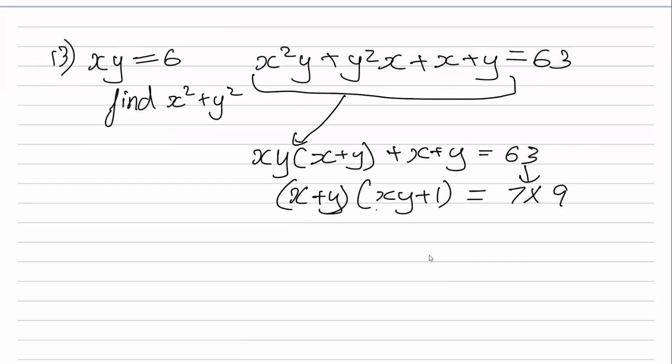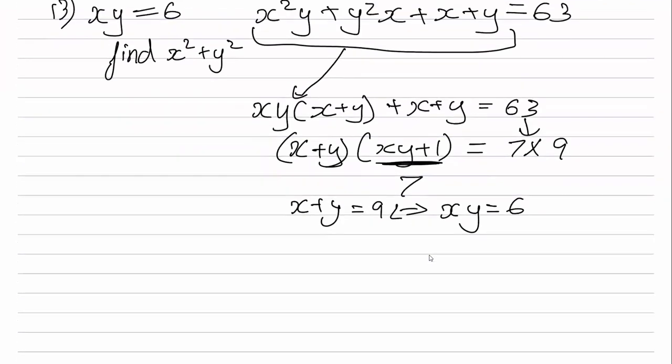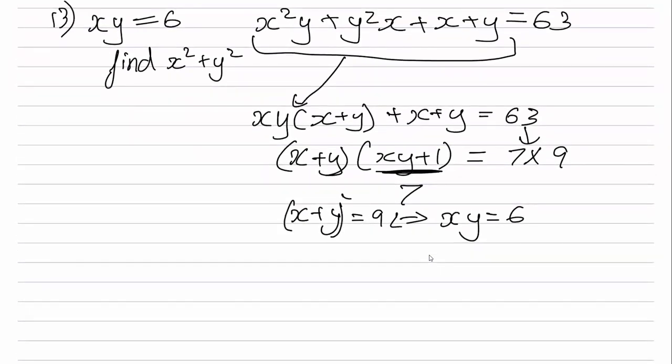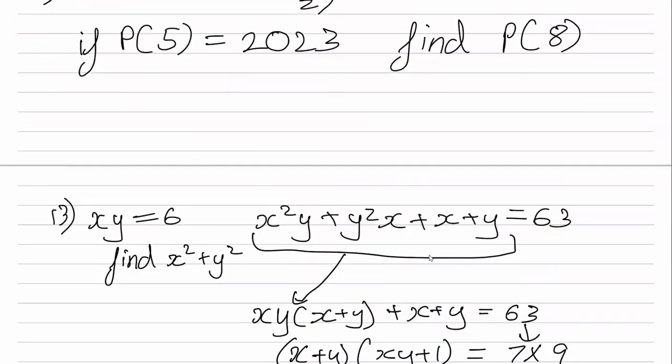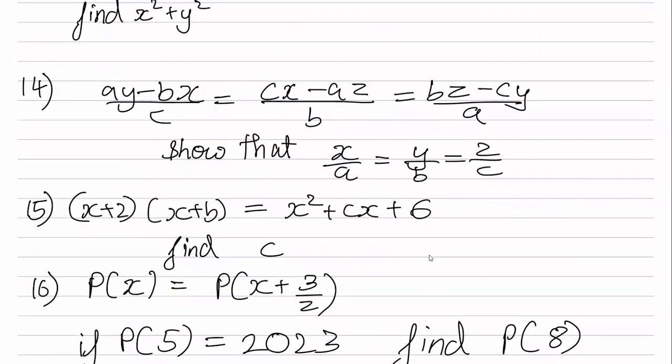And this thing is 7 because xy is 6, so xy plus 1 is 7, and x plus y equal to 9. Xy equal to 6. From these two equations, you can square this and remove 2xy. So 81 minus 12 will be 69. So this is the answer. Those who got 69, very good. Sorry.